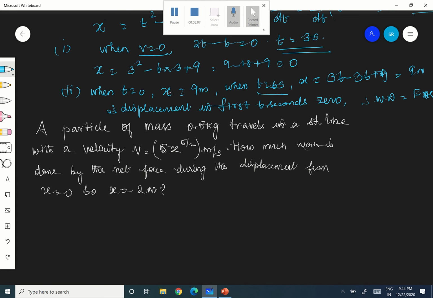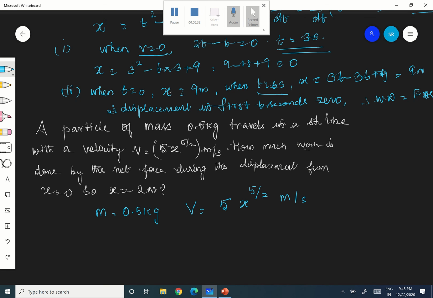What are all the things given now? Mass m is equal to 0.5 kilogram. It travels in a straight line with a velocity, the velocity equation is given: v is equal to 5x^(5/2). So velocity changes with the displacement like this.